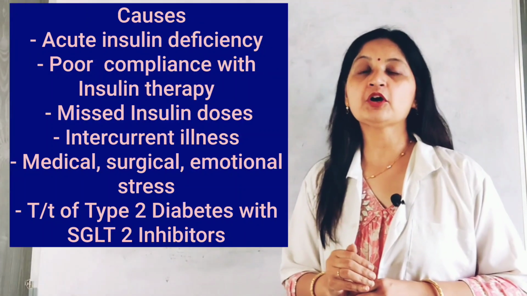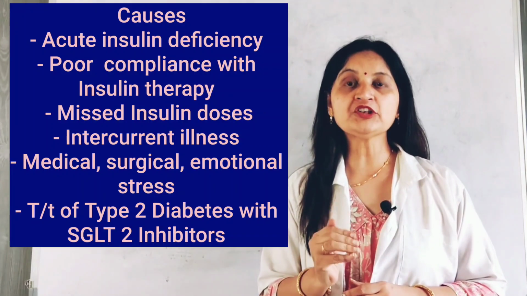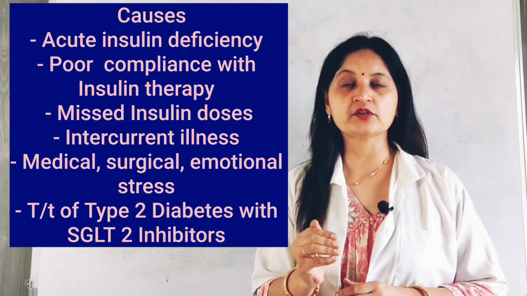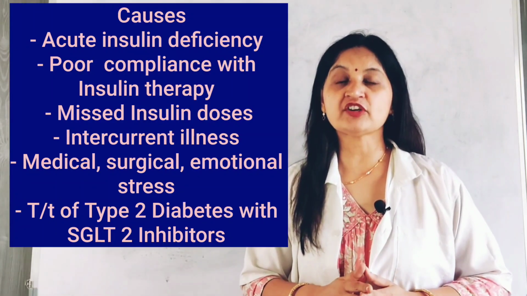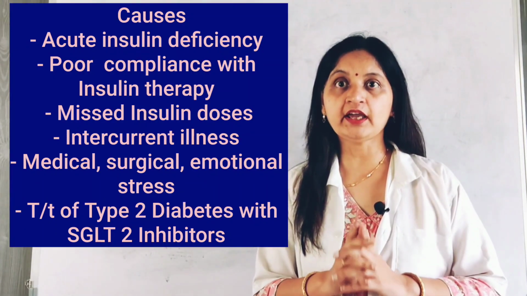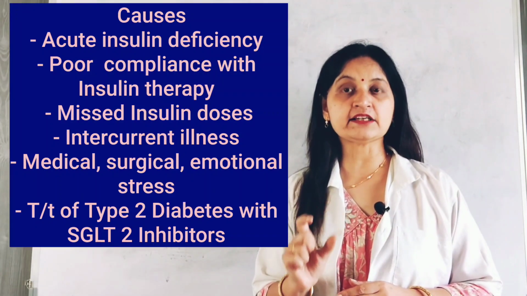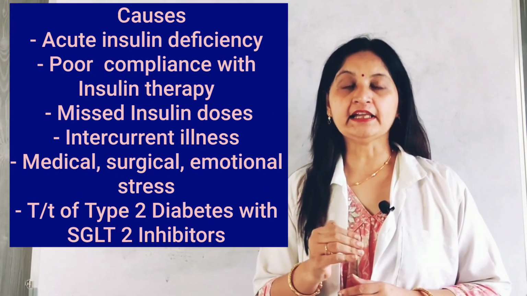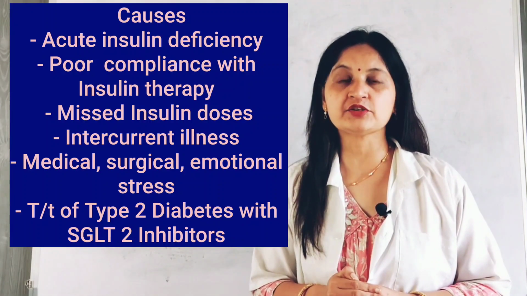It can also occur because of poor compliance with insulin therapy or missed insulin doses because of profound illness, certain infections such as bacterial infections, UTI, pneumonia, myocardial infarction, or stress such as medical, surgical or emotional stress can lead to insulin deficiency and predispose to diabetic ketoacidosis.